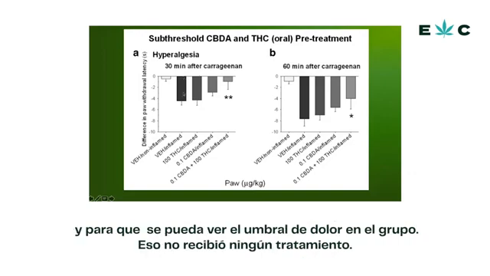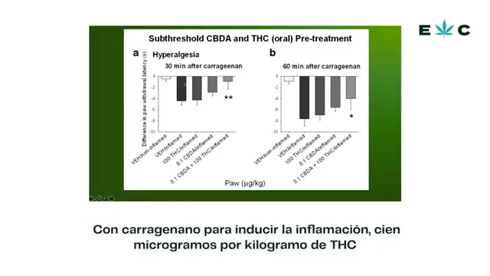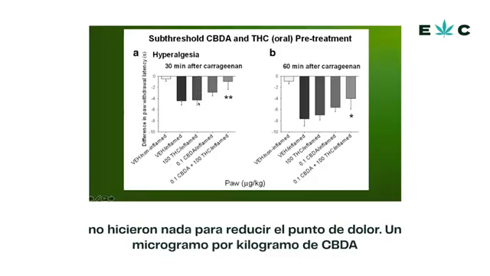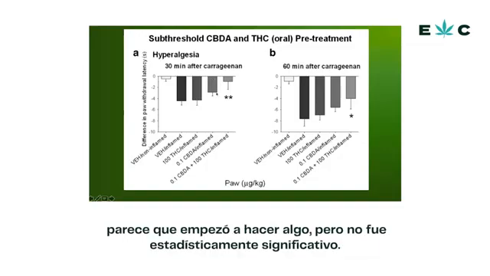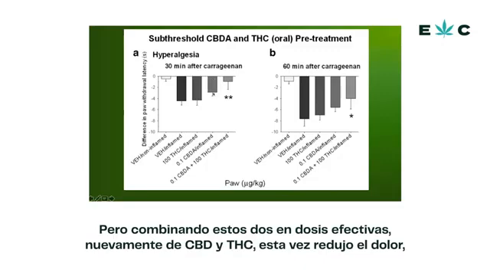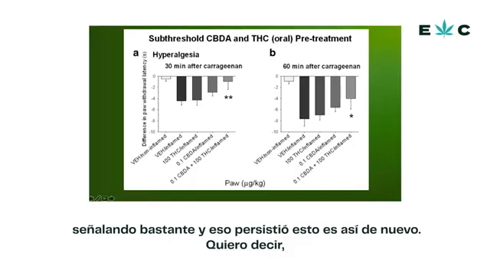And so you can see the pain threshold in the group that was not given any treatment, just given the carrageenan to induce the inflammation. 100 micrograms per kilogram of THC did nothing to reduce the pain. 0.1 micrograms per kilogram of CBDA looks like it started to do something, but it was not statistically significant. But combining these two ineffective doses, again, of CBDA and THC this time, reduced the pain signaling quite a bit, and that persisted at 60 minutes.